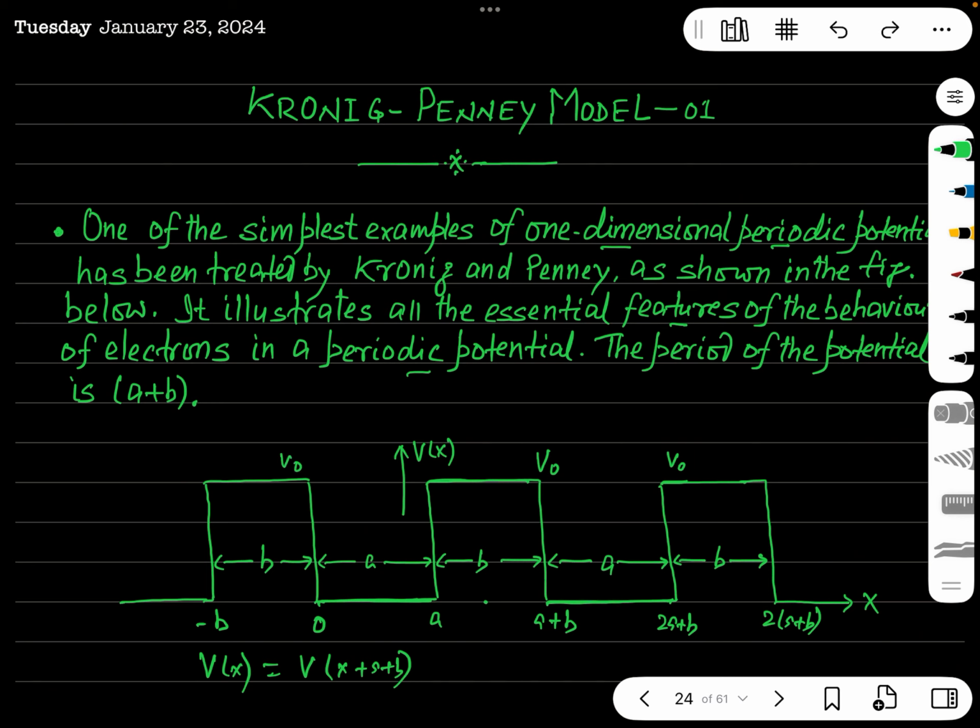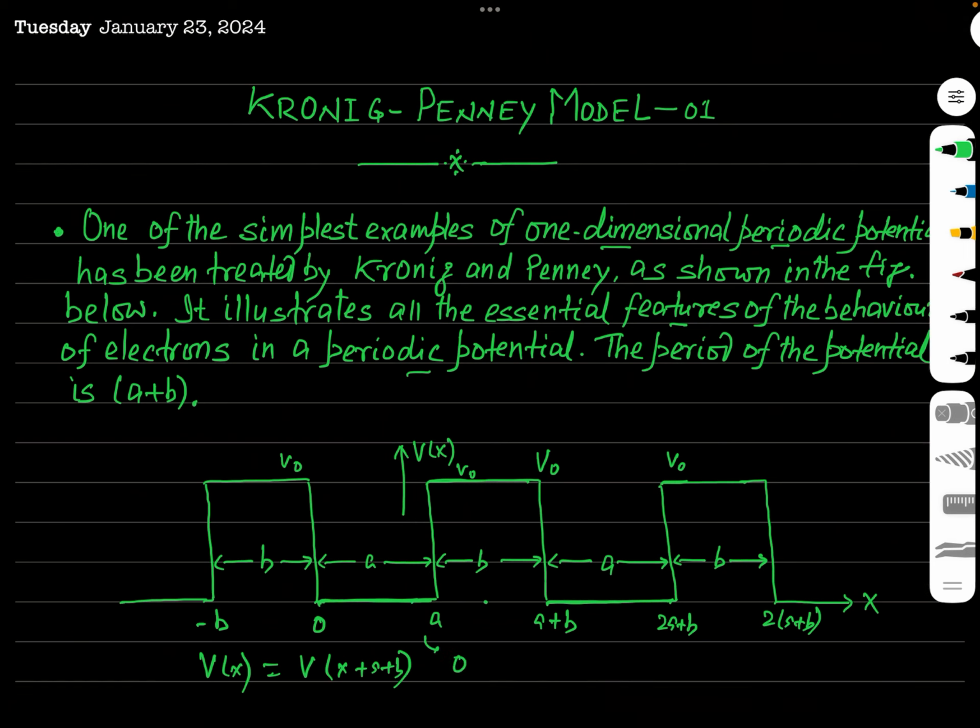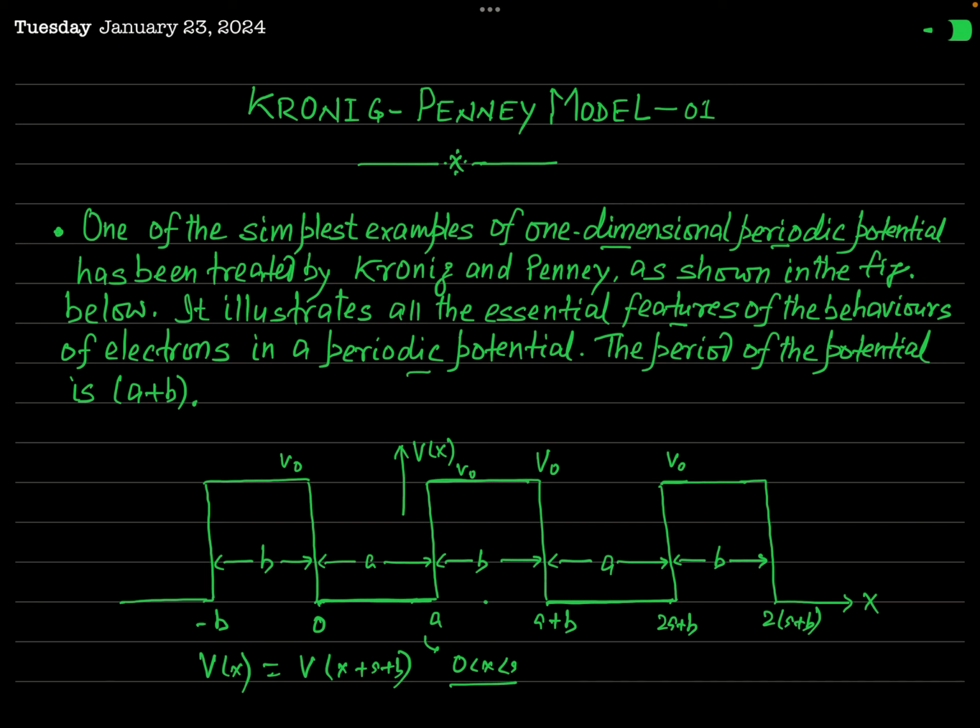As I have told you, when you say the bottom of a well, what does it mean? This is your potential well, and in this region 0 is less than x and x is less than a. In this region, the electron is assumed to be in the vicinity of the nucleus, or the atom, and the potential energy here is equal to 0 at the bottom of the potential.